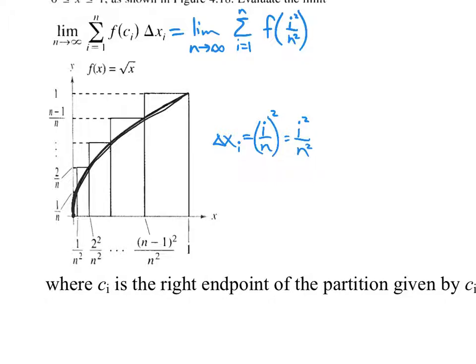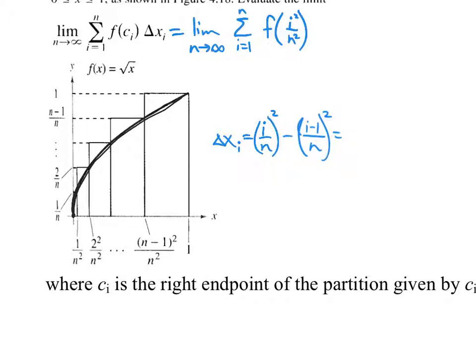To get the width, we need to subtract the left-hand side from it. So we're going to do i squared over n squared minus i minus 1 squared over n squared.